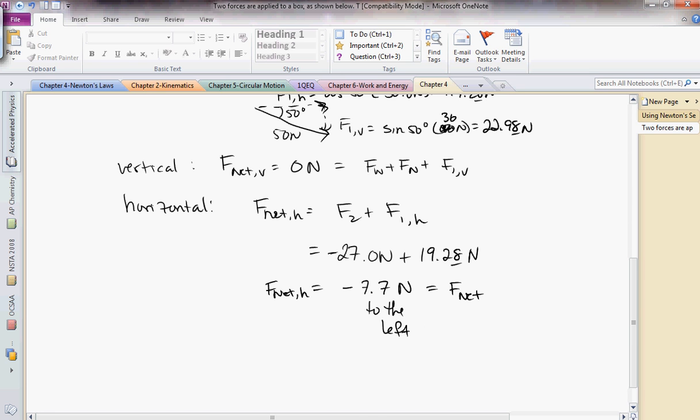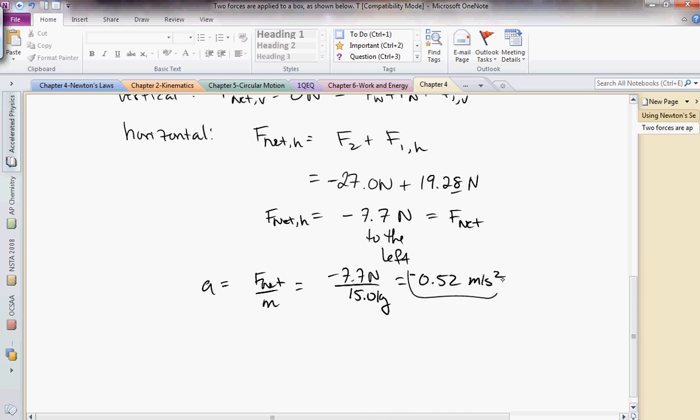And then our acceleration will be our net force over the mass of that box, so negative 7.7 newtons divided by 15 kilograms. And we get negative 0.52 meters per second squared, which would be an acceptable answer.